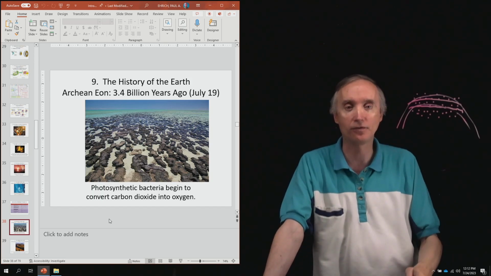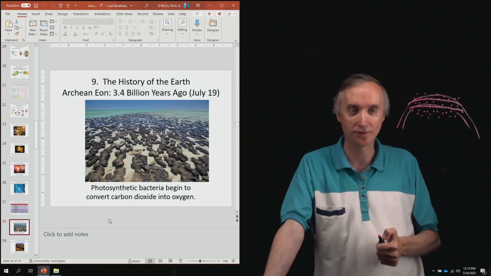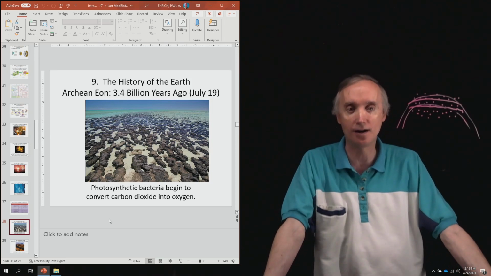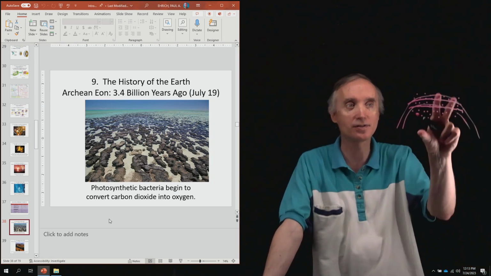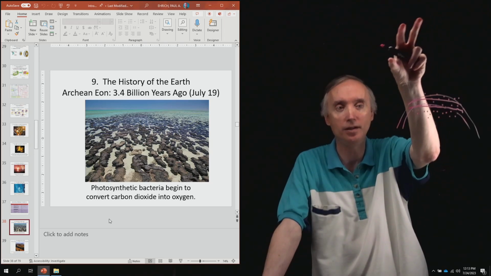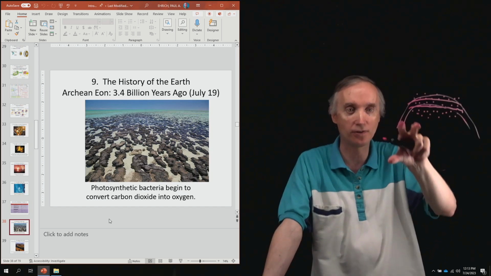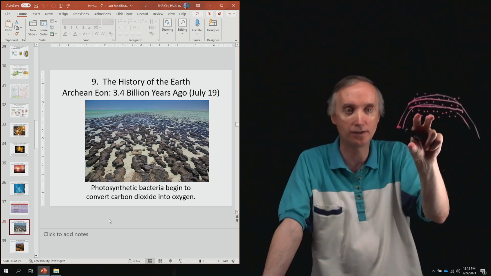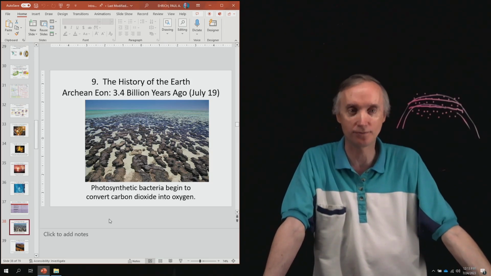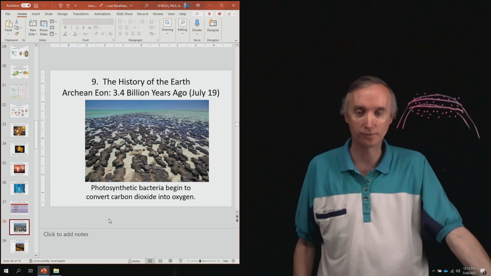And this made the first mass extinction in the history of the Earth, because a lot of bacteria don't like oxygen. As this oxygen starts to go into the air, it almost immediately starts to go back into the ocean. And that oxygen in the water began to kill the kind of bacteria that don't like oxygen. So this was like the first mass extinction in the history of the Earth.